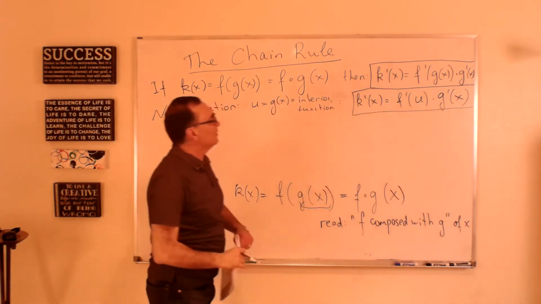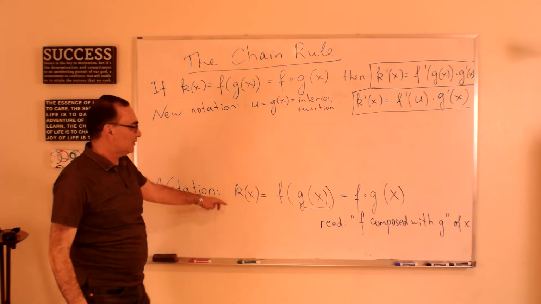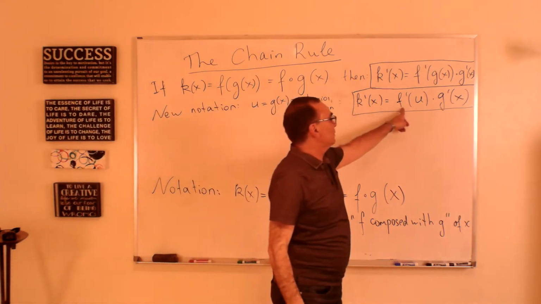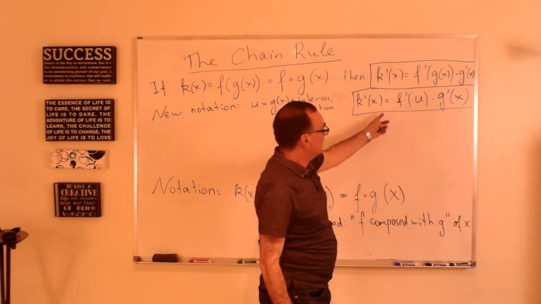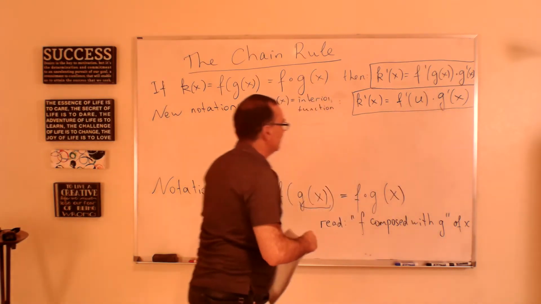Basically, it says that the derivative of the composite function, the derivative of the big function, equals the derivative of the function that sits on the outside, the exterior, times the derivative of the interior.